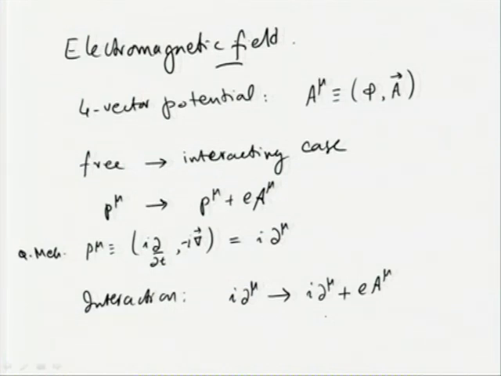We will see that we will be able to quantize this later on. We will see that we can interpret A mu as the wave function of the quantum of the electromagnetic field, which is the photon.